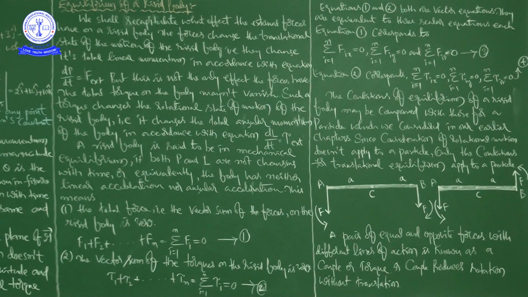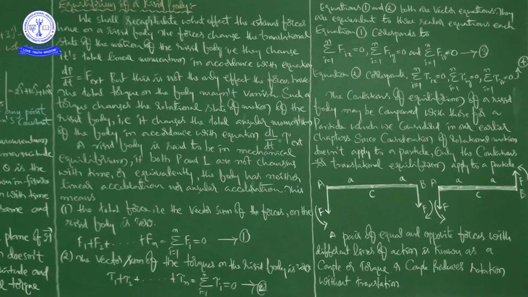That's why if we understand translational motion clearly, understanding rotational motion is easy. Here also he is comparing the conditions we got in translational equilibrium and the conditions belonging to rotational equilibrium. In translational equilibrium, the sum of the components of the forces along any two perpendicular axes in the plane must be 0. In rotational equilibrium, the sum of the components of the torques along any axis perpendicular to the plane of the forces must be 0.